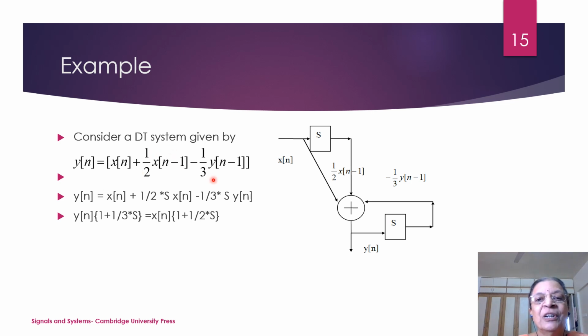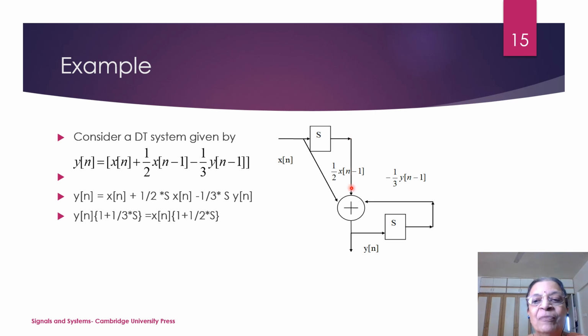Now consider this particular example. In this case, y[n-1] is also involved. So how do you get y[n]? For y[n], we will have to take x[n] plus half of x[n-1]. When you introduce a delay of one unit, you get x[n-1].